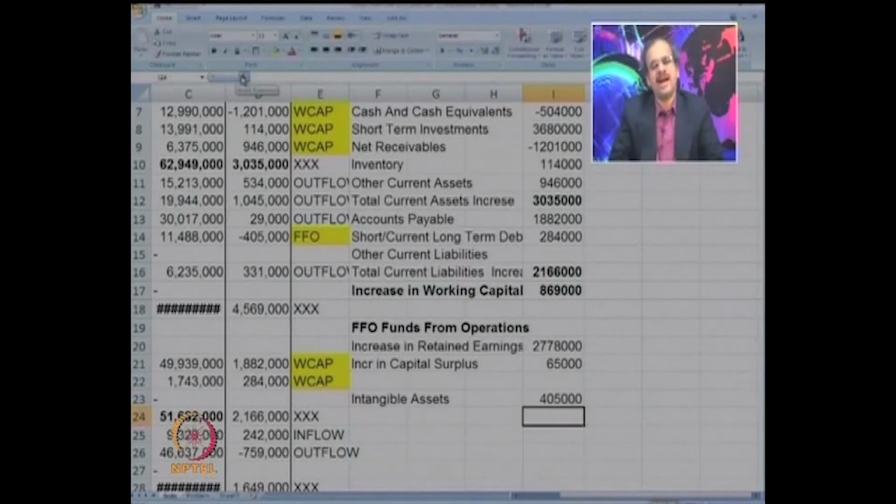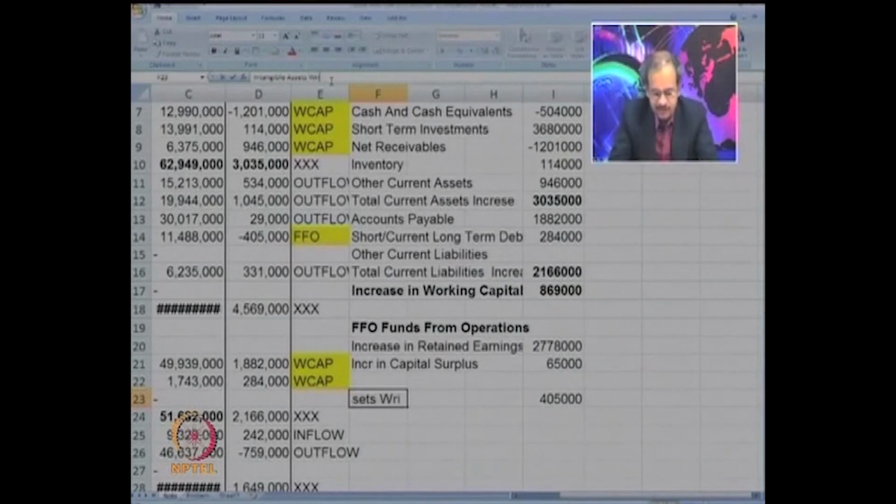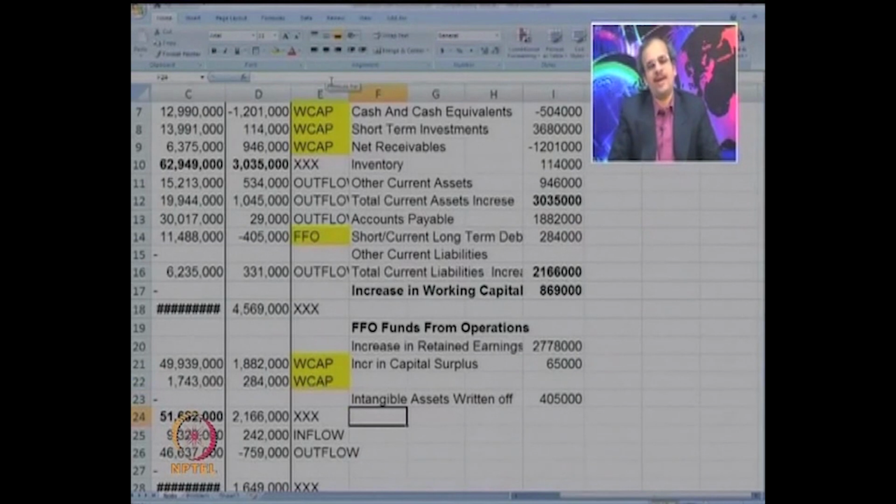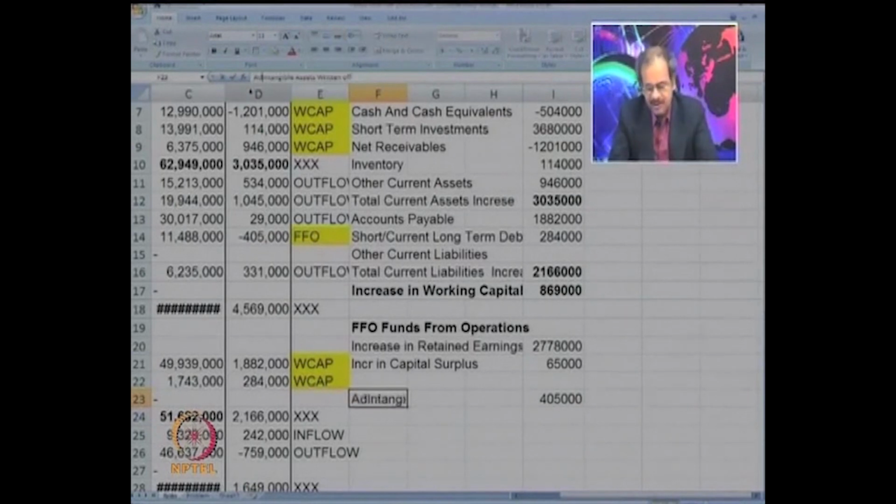Now should this item be added or deducted? Intangible assets have been written off. I will specifically write that. Try to guess, add or less. You are right, this should be added because it's like depreciation, which is a non-cash expense. It's for writing off of intangible assets. So they will be added.